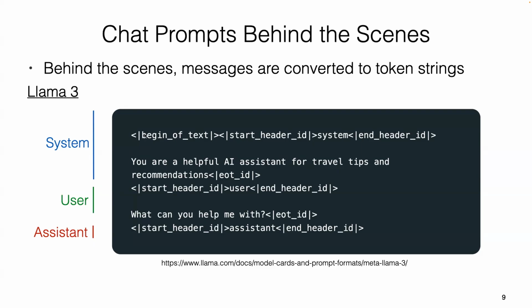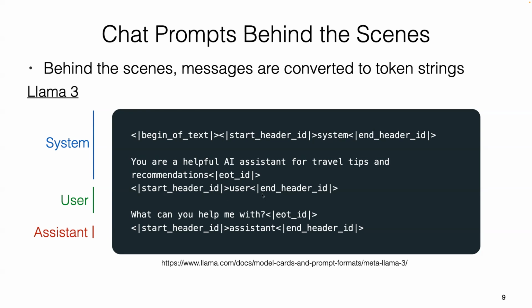And up here, they've formatted the system prompt. You can see that they've added all of these special tokens. They have a beginning of text token, and a start of the header, which seems to be the key from the JSON. Then you have the system prompt here, and it says you're a helpful AI assistant.